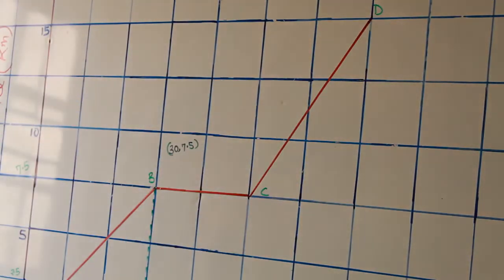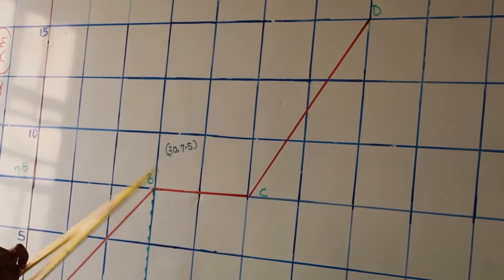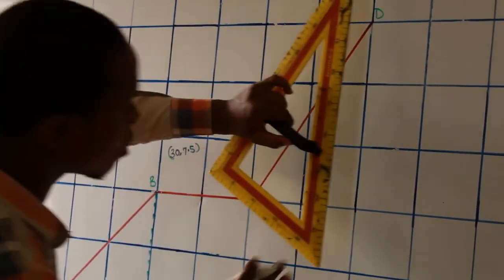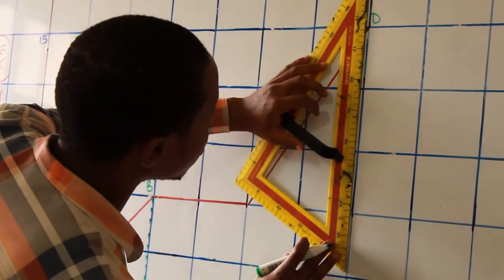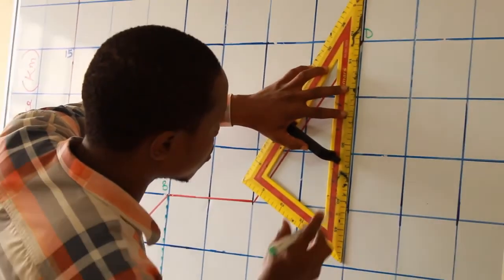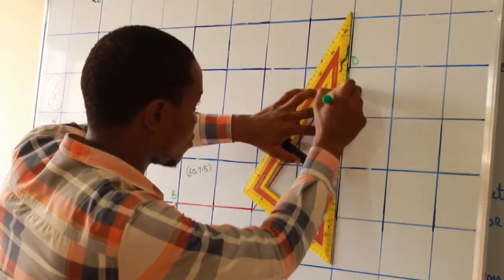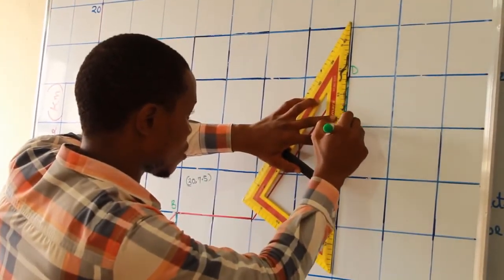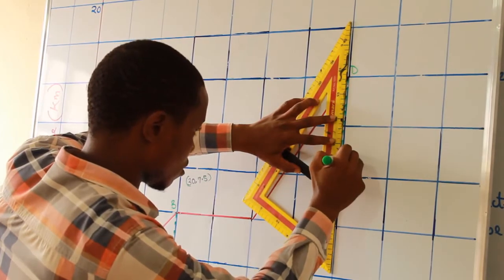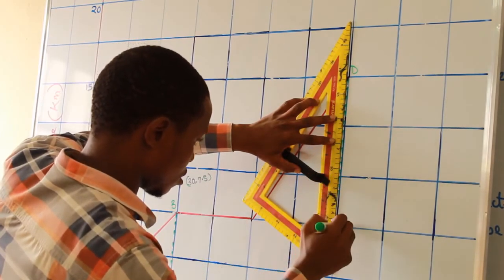Now, looking at that, let's trace our right-angled triangle. Our right-angled triangle, I'm starting from point D. It comes all the way down to the first stop, which is this point.